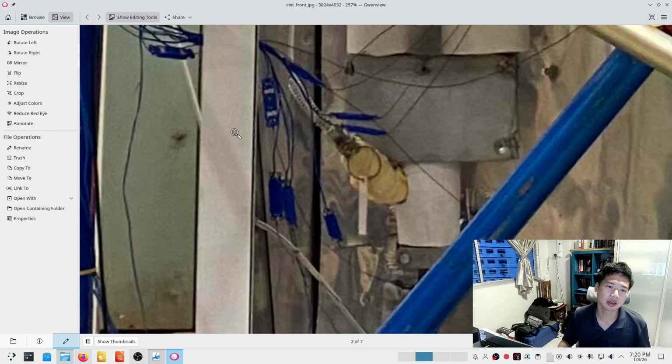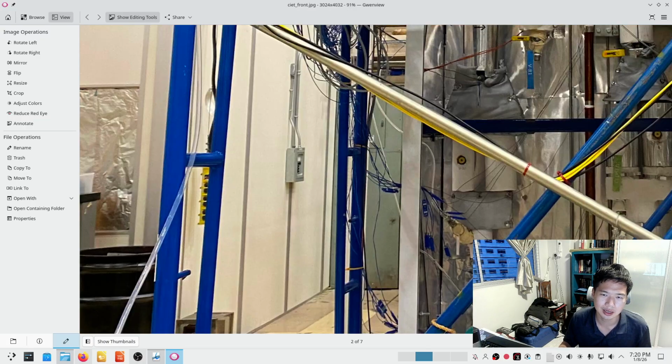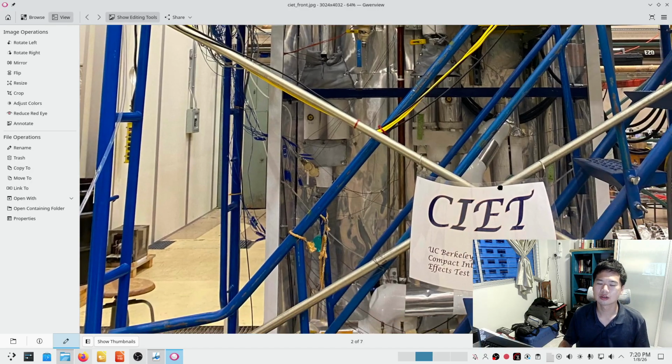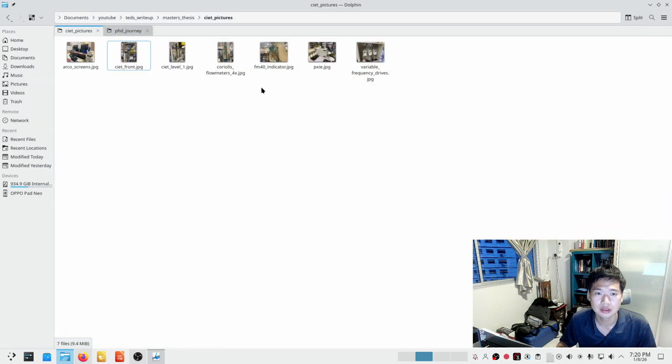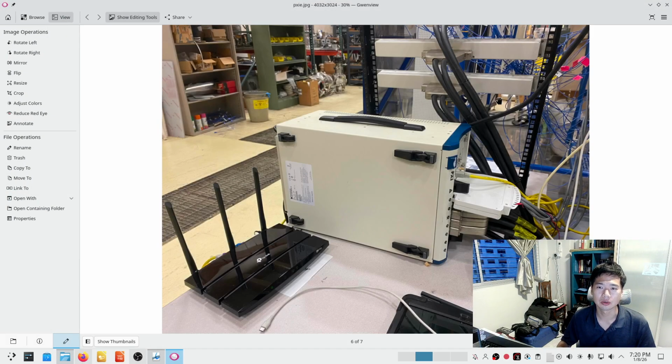Now you may be wondering what all these little wires around are. These are thermocouple wires, temperature sensor wires. They feed information in real time to what we call the data acquisition system, or DAC. It is also called the PIC, and this is what the PIC actually looks like.